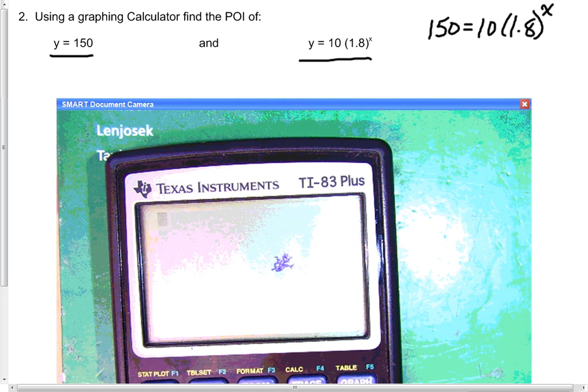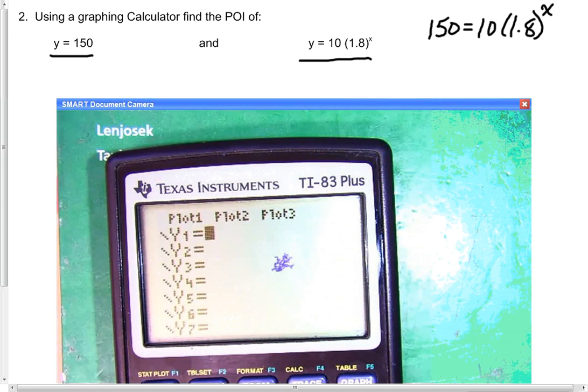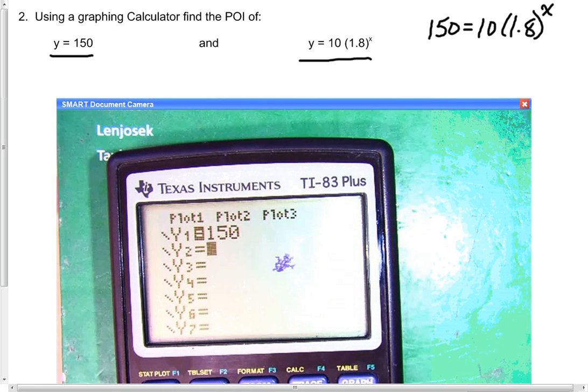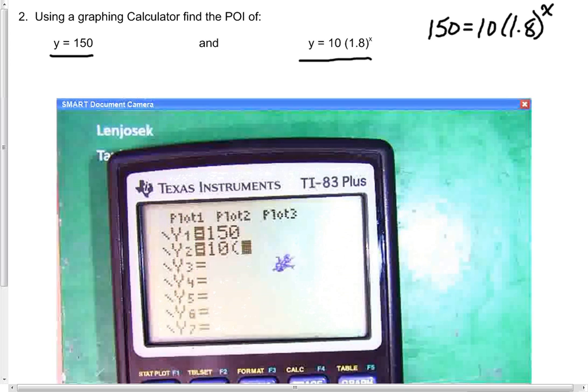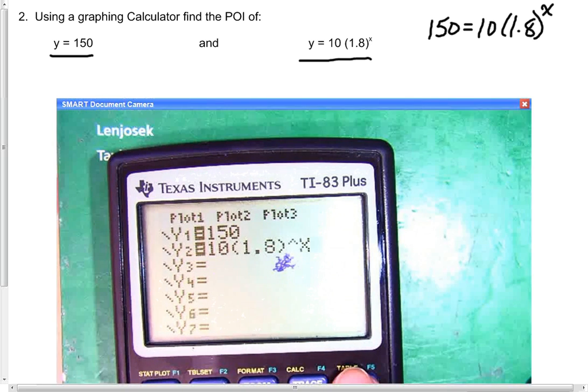Second one, we want to find the point of intersection. So my first line will be the line 150. And I'm going to pair that with the curve 10 times 1.8 to the power of x and see where they intersect. Let's see if we can even see it first.